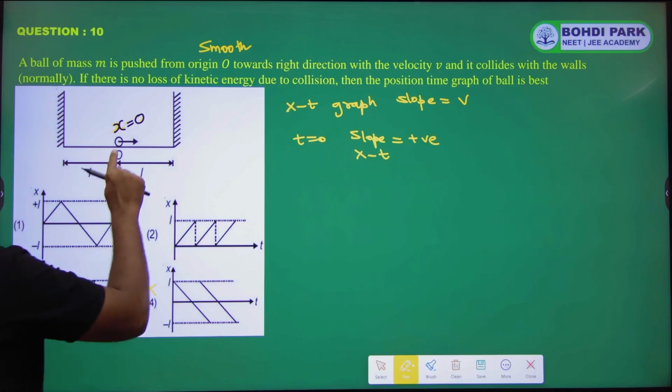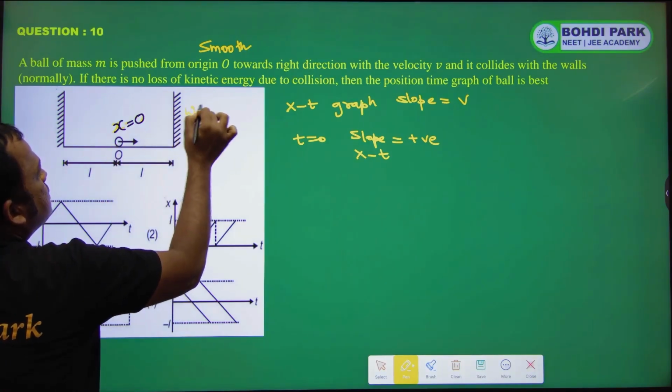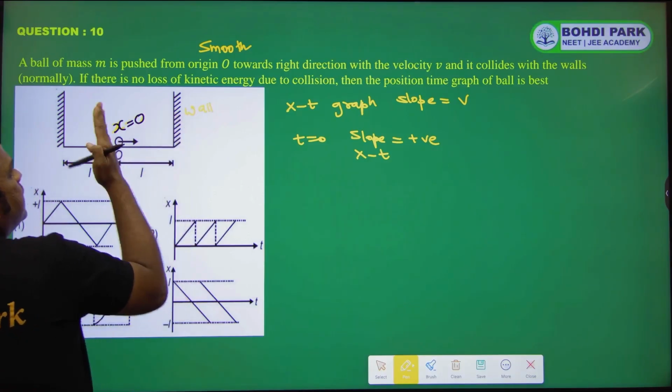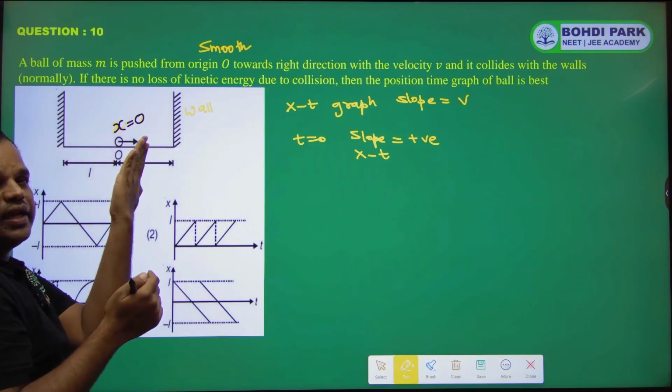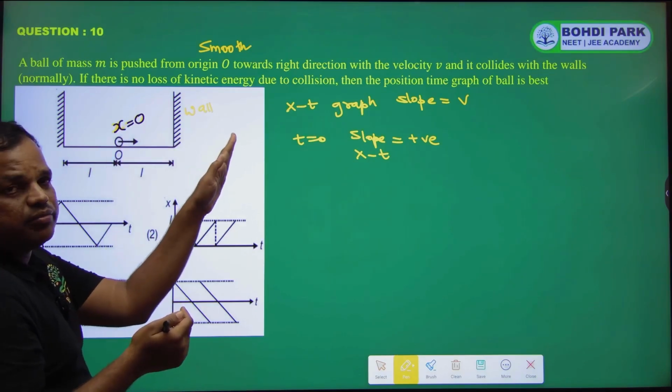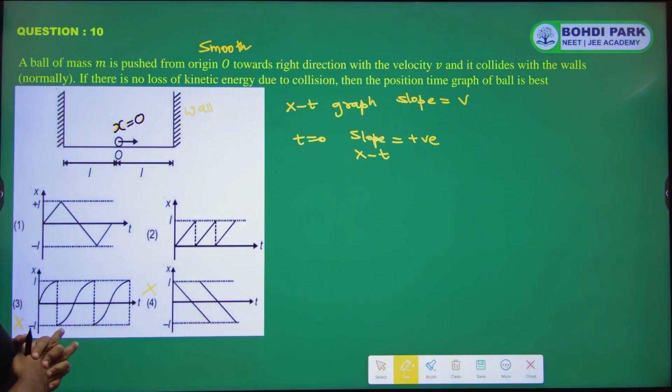Now it will hit the wall. This is the wall, then it will rebound. Immediately after that, the velocity will become negative. Suppose plus 1 meter per second, after rebound minus 1 meter per second. So the slope will become negative.